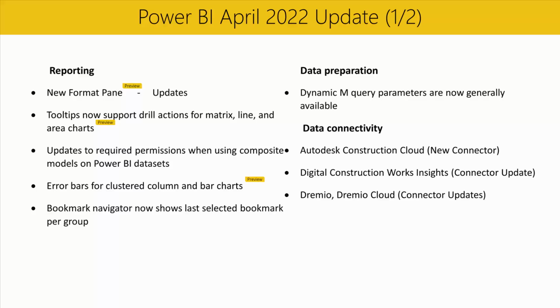In the data connectivity section, we have several new and updated connectors for you this month. First, the Autodesk Construction Cloud Connector allows customers with unified ACC accounts and BIM 360 accounts to import their data connector extractions directly into Power BI.